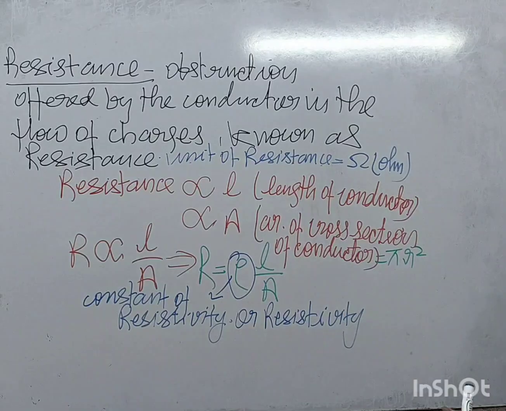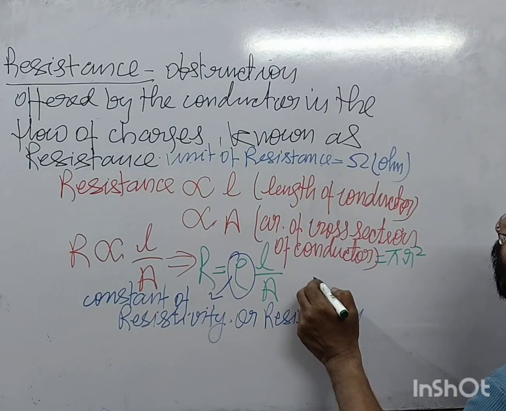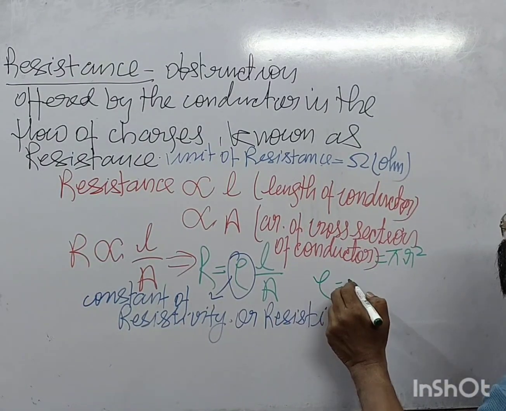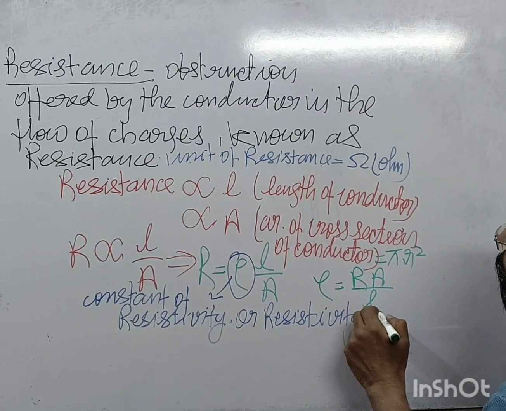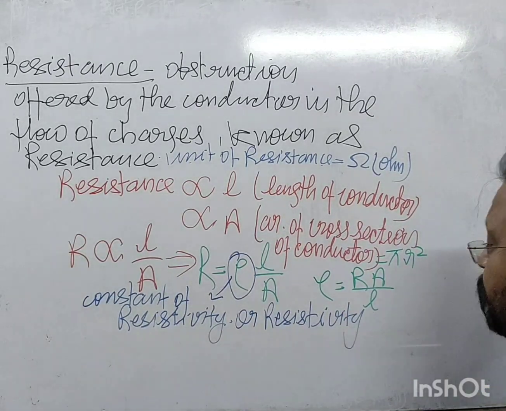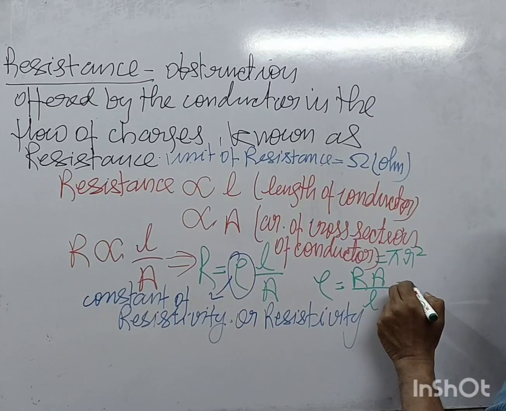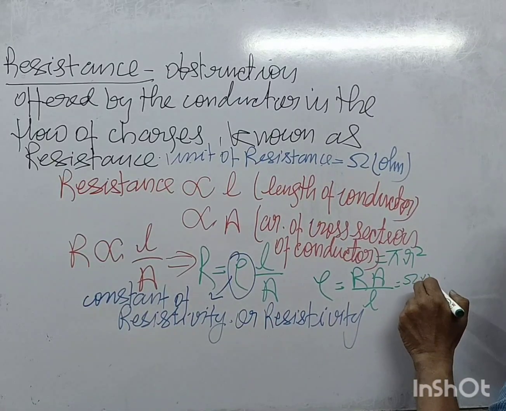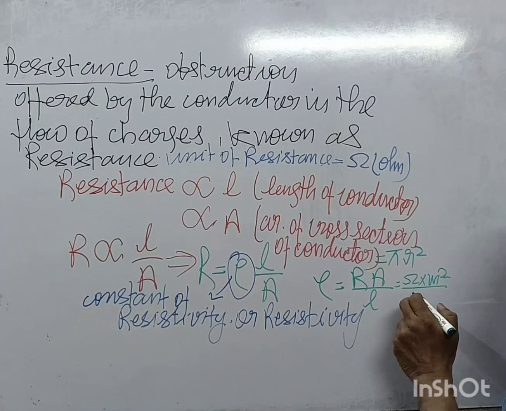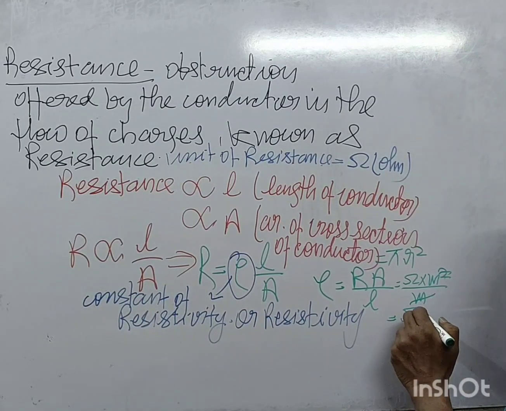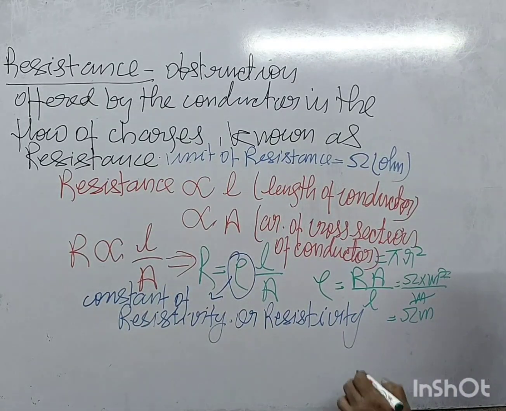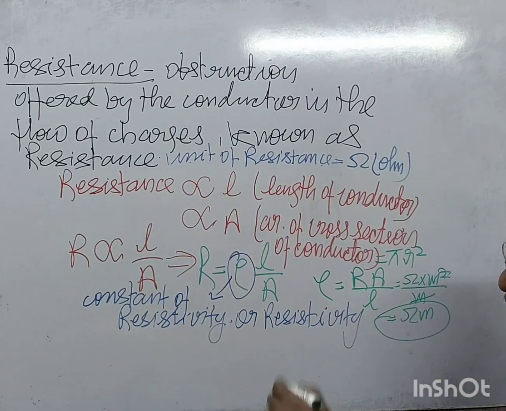So rho is equal to R into A upon L. So this is ohm into meter squared upon meter. Cancel out, so ohm meter. This is the unit of resistivity.